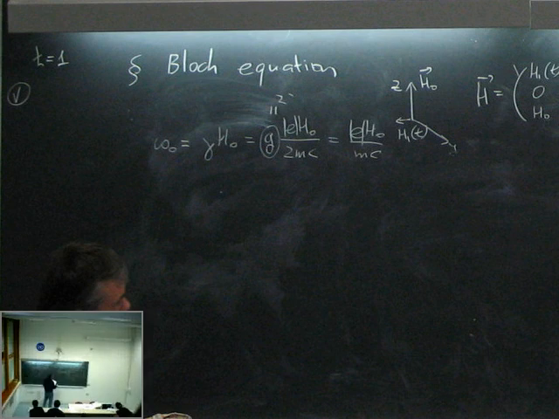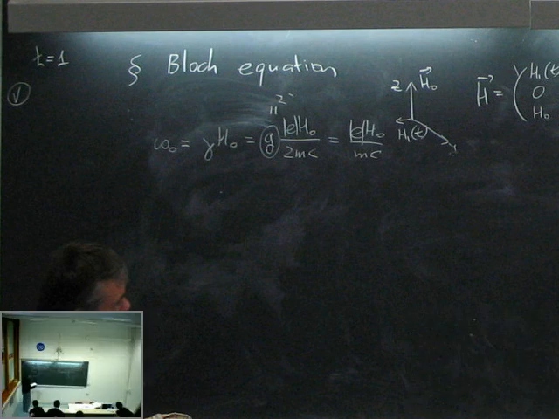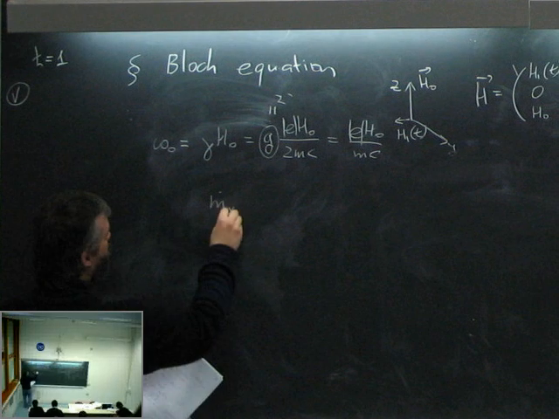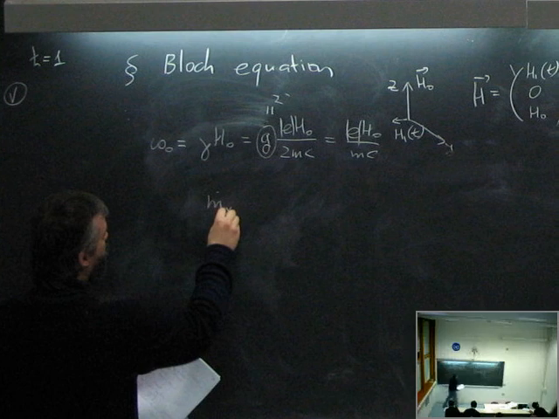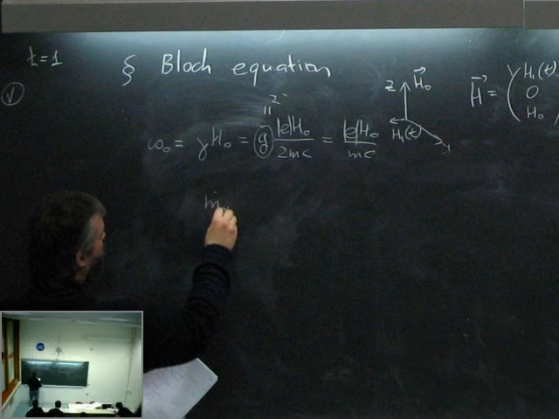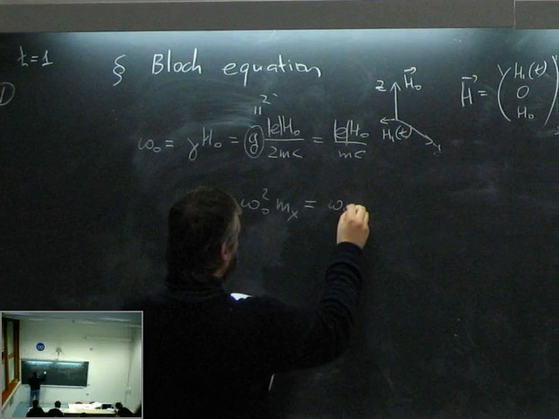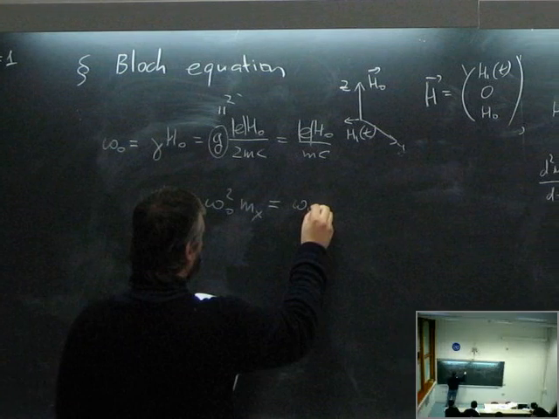So this equation reads minus omega naught my, and excluding my, I have mx double dot plus omega naught squared mx is equal to omega naught gamma m naught times h1 of t.